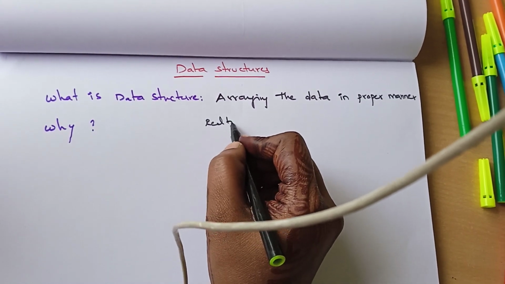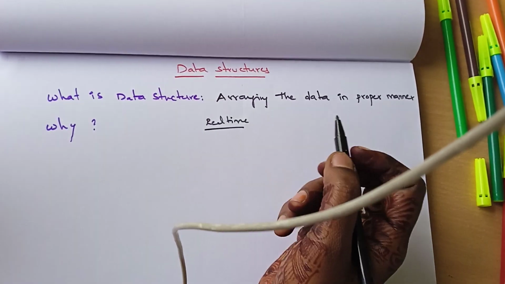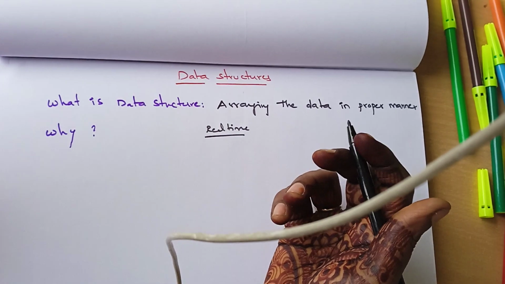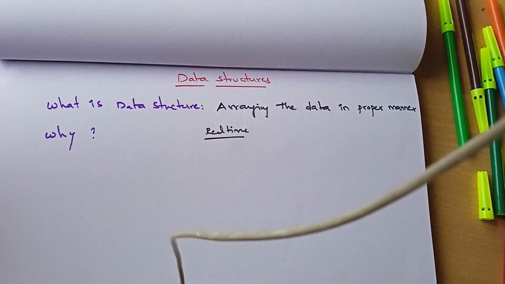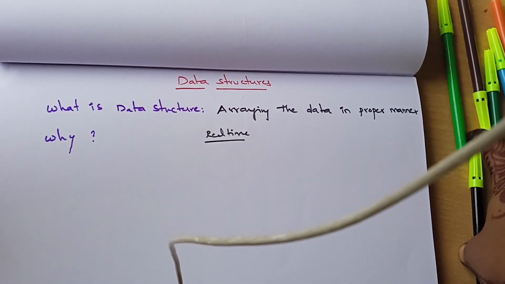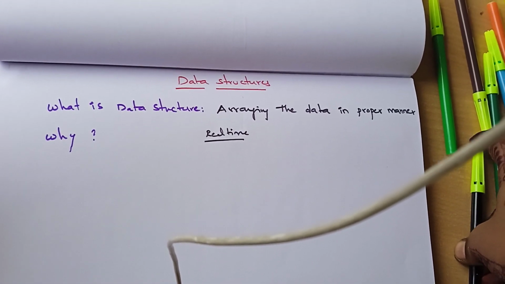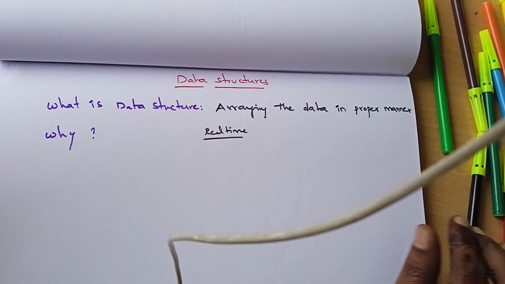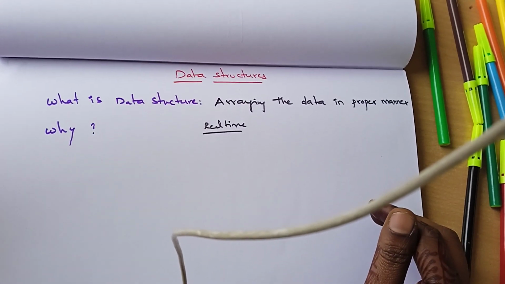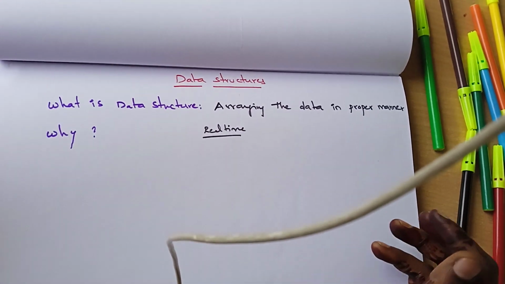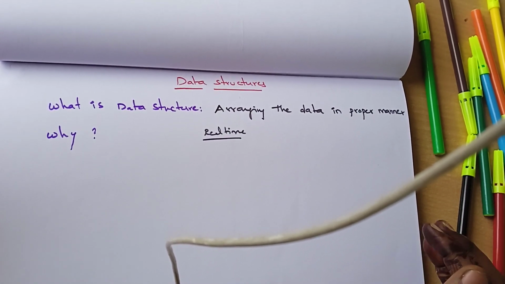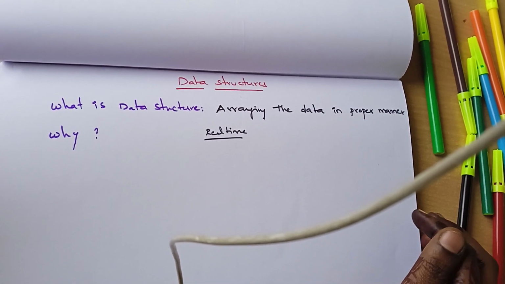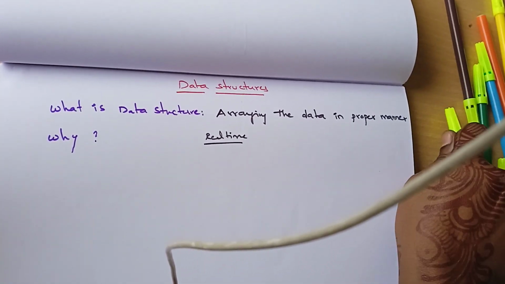If you see real time data like your Facebook data or WhatsApp data, or even in our phones also, we'll be having a lot of data. So data structure helps us to arrange the data in a proper manner. As applications are very rich, we'll be having a bulk of data. So to keep all these data in a proper manner, we need data structure.